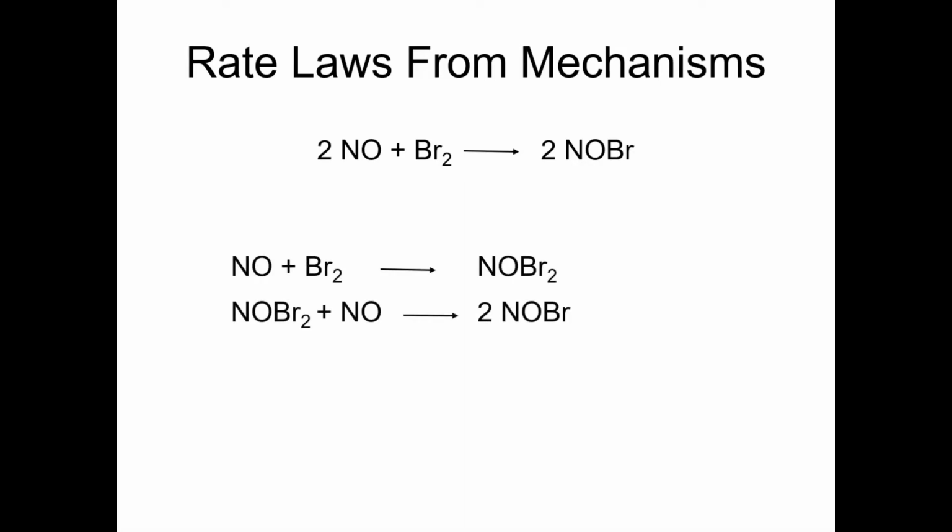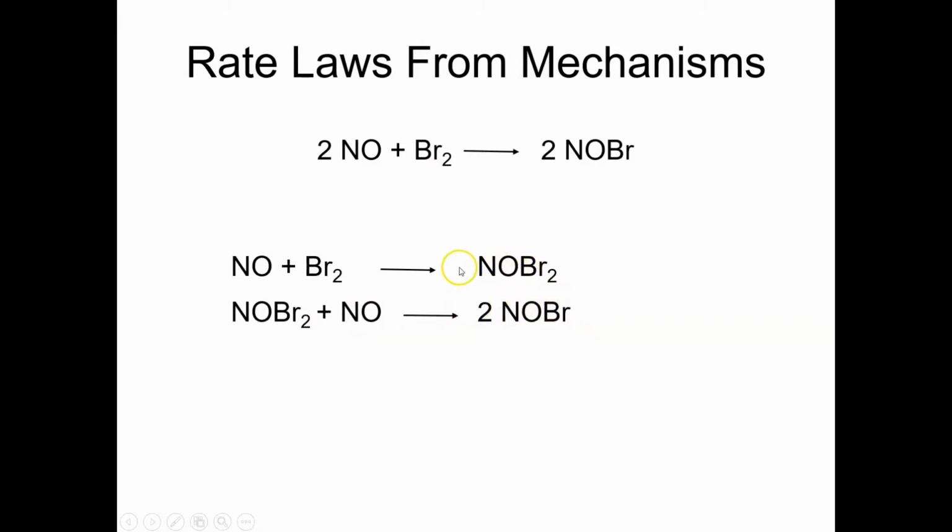Okay, this is a 2-step reaction. In this reaction, 1 molecule of nitric oxide plus bromine gives you this intermediate NOBr2. Then that intermediate NOBr2 collides with another molecule of nitric oxide to give you the 2 product molecules.